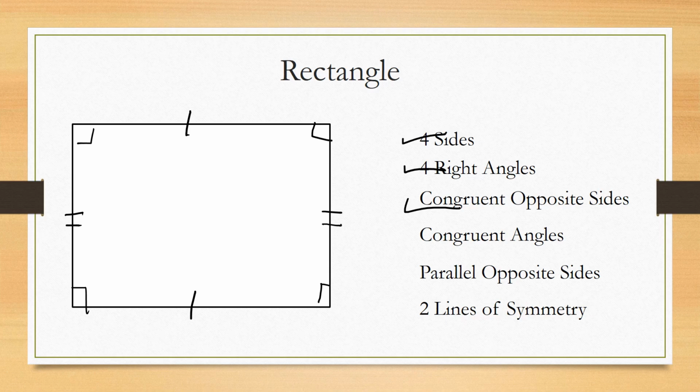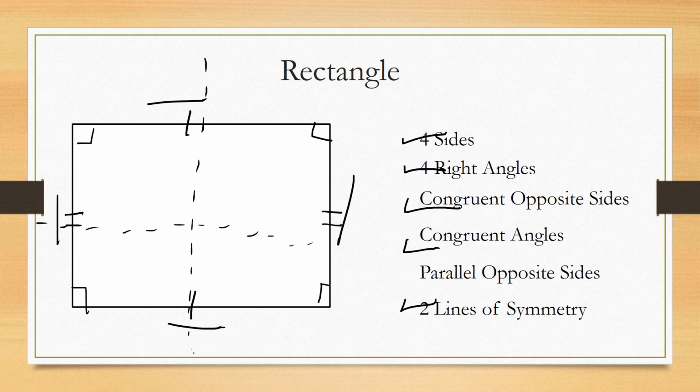And of course, the opposite sides you can see here are parallel to each other. You have congruent angles, as I said before. You have parallel opposite sides, and there are two lines of symmetry. So here is one line of symmetry along the center here, and one line of symmetry along this line right here. So there are two lines of symmetry for rectangles.